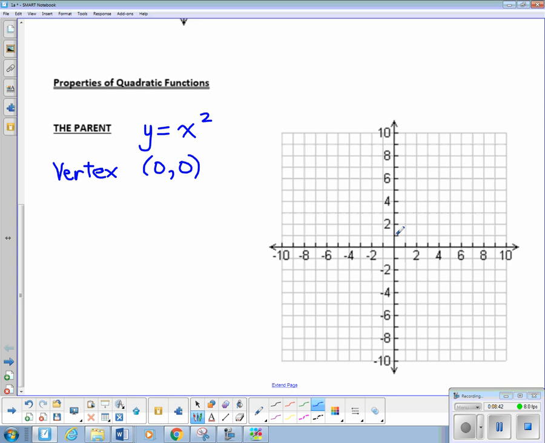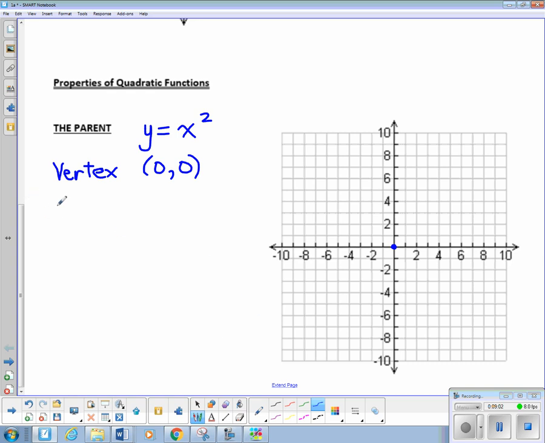So if I go to my graph, I'm going to find the origin, in other words 0, 0, and that is my first point on this parent, on the equation y equals x squared. From that, it depends what teacher you have, but I think it's easiest to create what I call a step pattern.